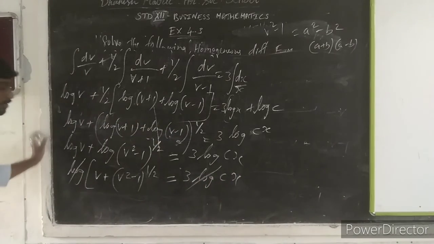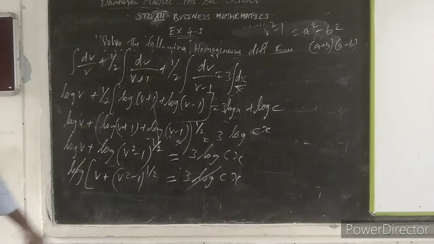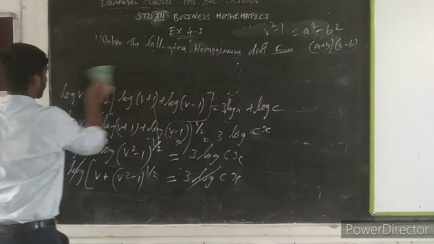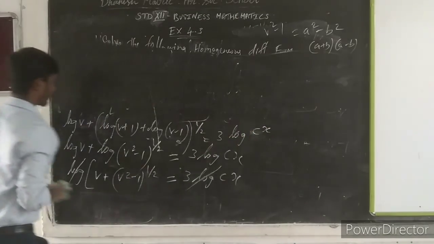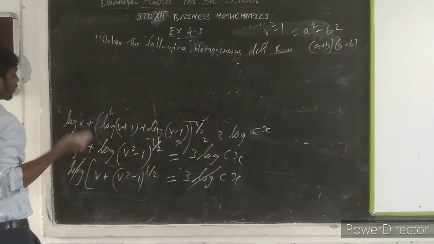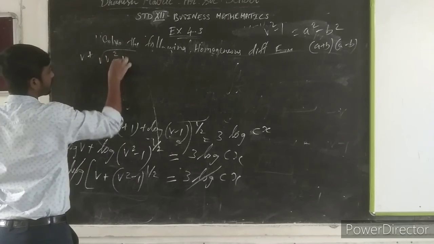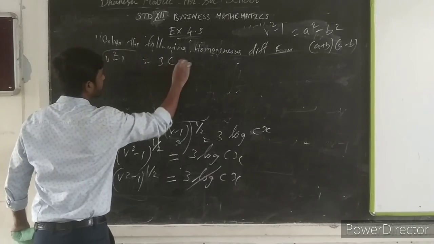This log and this log will be cancelled on both sides. Write this value like this: b plus root of b square minus 1 equal to 3cx here.